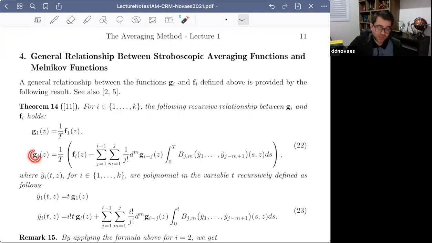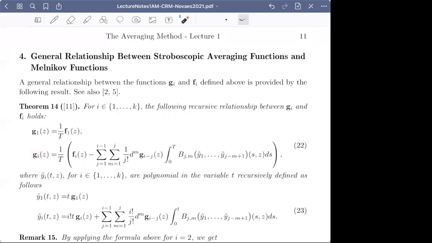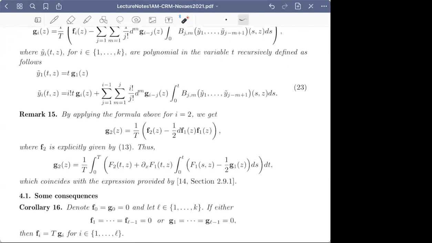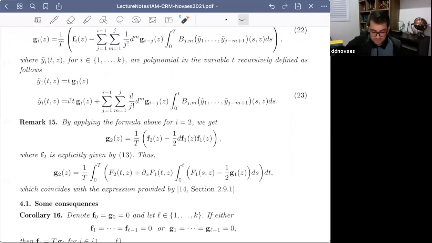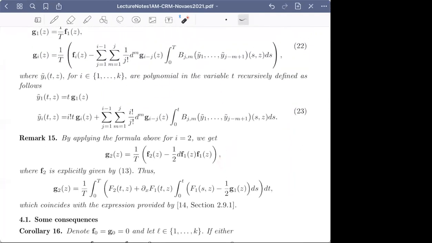Because Gi is given recursively, and it also depends on the other Gj. So if j, for instance, I understand, but as in remark 15 you have written G2 directly in terms of the F's, it's quite natural to write. Yes.